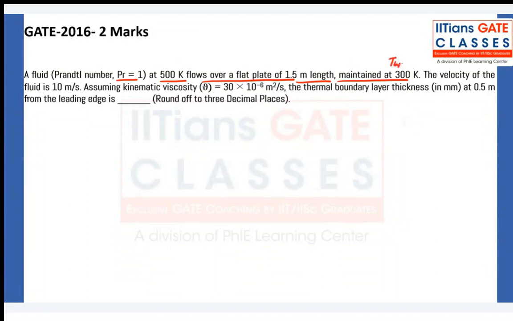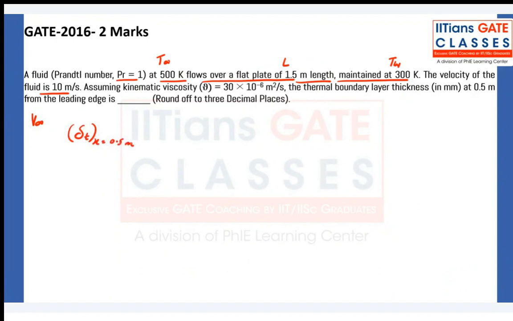Prandtl number is there. Length is given. Velocity of the fluid is given, so this is u infinity. Assuming kinematic viscosity, the thermal boundary layer thickness is needed 0.5 meter from the leading edge. So I need to find out the thermal boundary layer at x equals 0.5 meter.